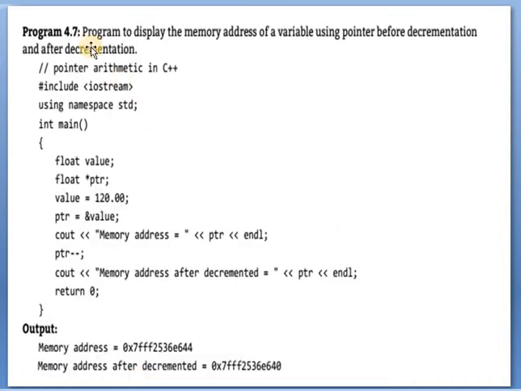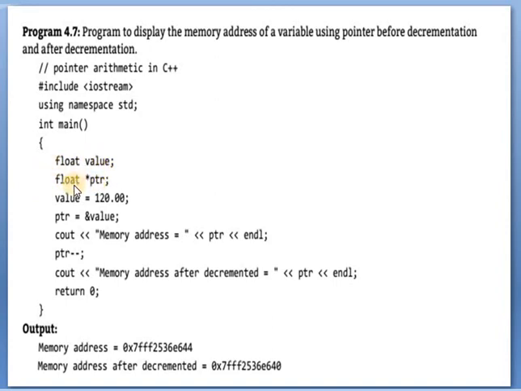Now we will see another program, a program to display the memory address of a variable using pointer before decrementation and after decrementation. So here int main, float value. Now value is a float type of variable.